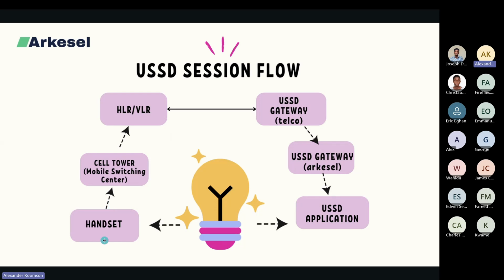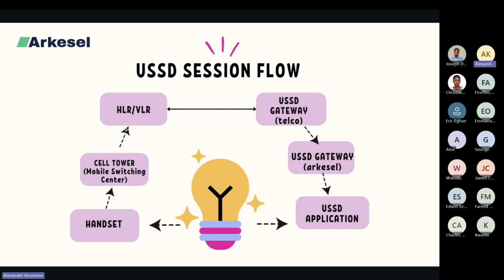When you dial the short code, the USSD code, it hits your nearest cell tower. And when it hits your cell tower, it initiates a request, right, to something they call the HLR or the VLR. The HLR simply means the home location, what's the meaning?